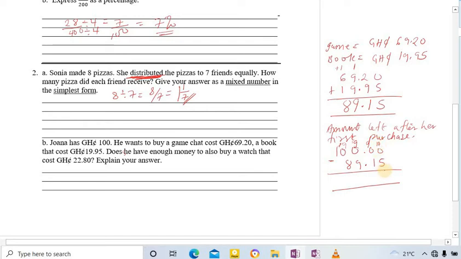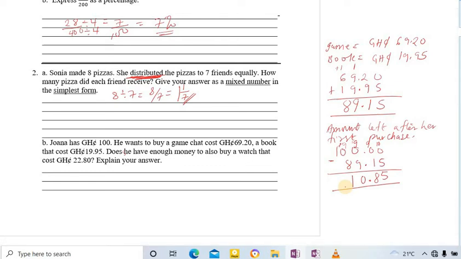So 10 minus 5 is 5, 9 minus 1 is 8, 9 minus 9 is 0, 9 minus 8 is 1. So the amount left after purchasing the game and the book is 10.85, which of course is not enough to buy a watch.